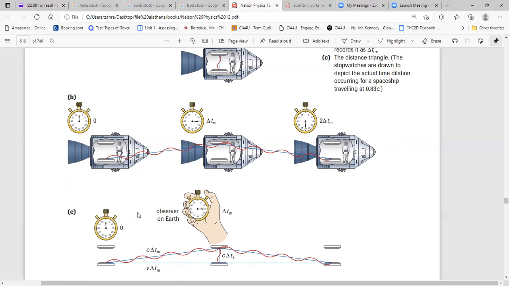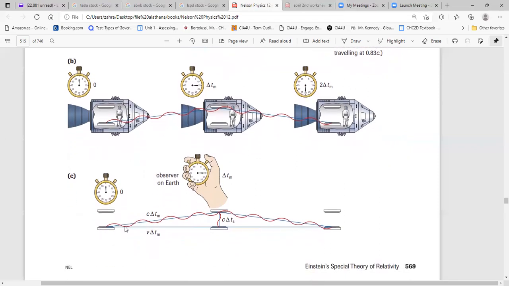Now, here is depicted: c delta t, the speed of light multiplied by time, would be that length. Also, for someone outside, the speed of light is again c, and the time measured on Earth is delta Tm.